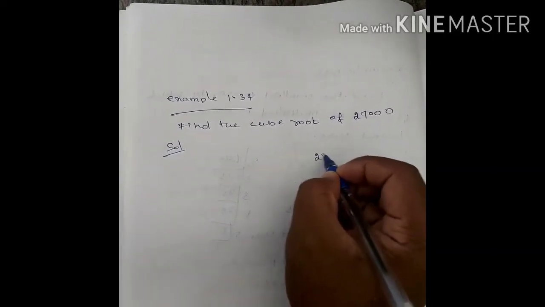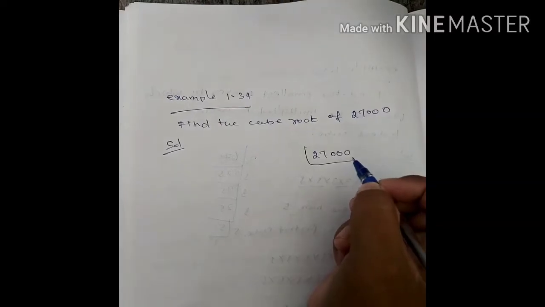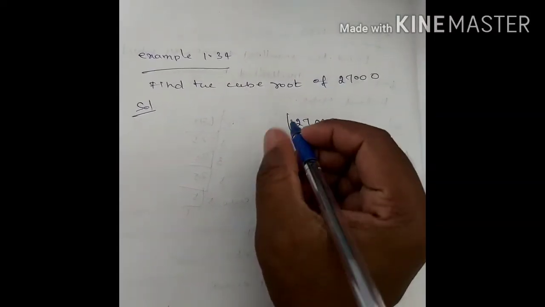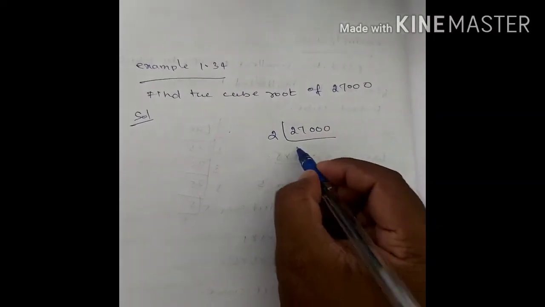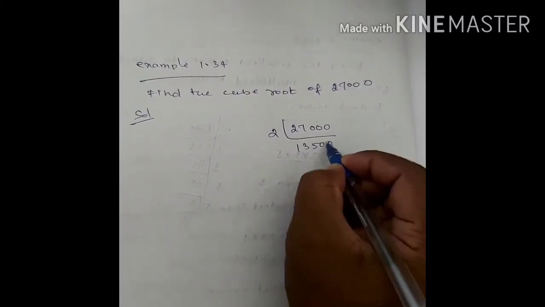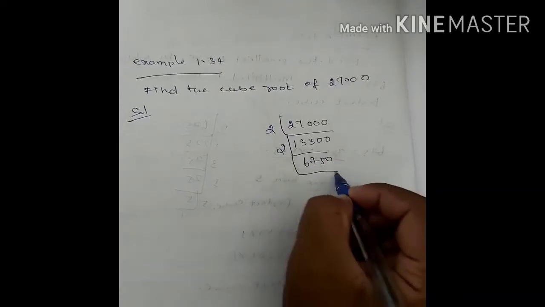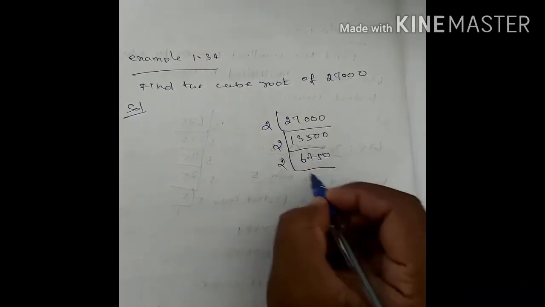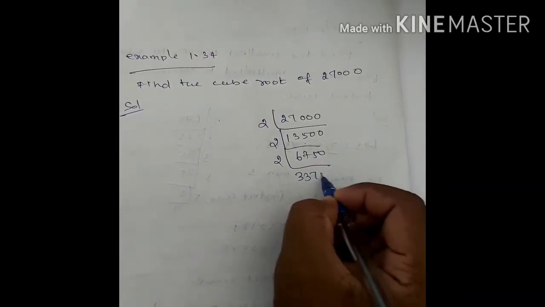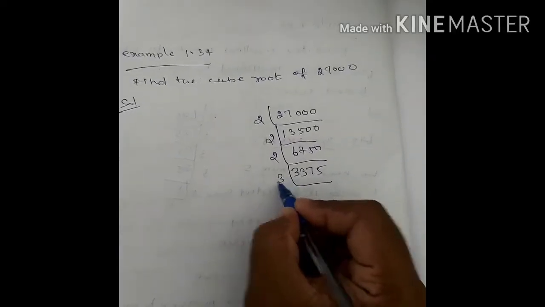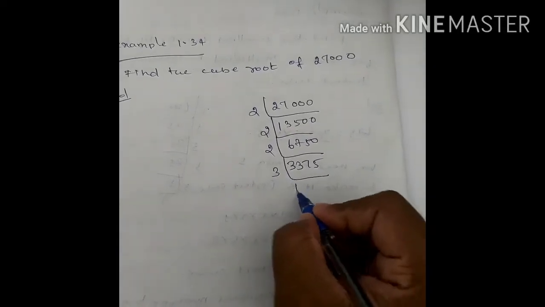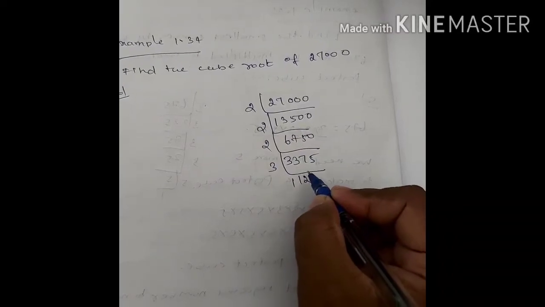So 27,000 divide by 2 gives 13,500, again divide by 2 gives 6,750, again divide by 2 gives 3,375. Cancellation means divide.